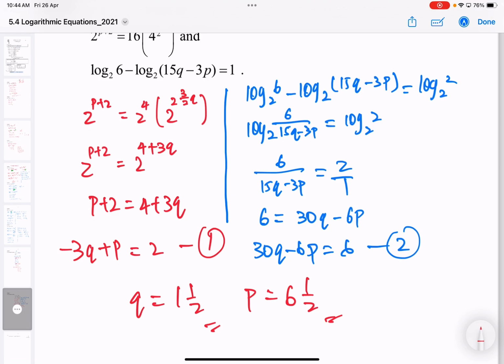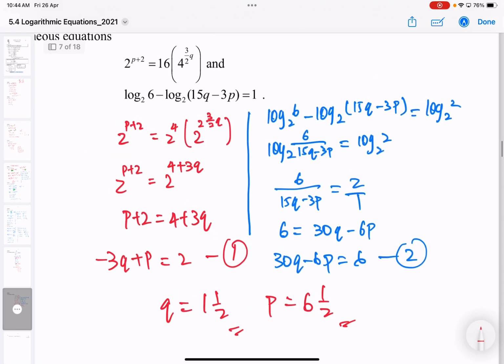I'm not really interested in the solving of the simultaneous equation because I know that you guys can do it. I'm more concerned about whether you can form the two equations. If you can form it, you check your answer. You want to use a calculator to get the final answer, I'm okay. I'm just going to leave it up here for another minute.